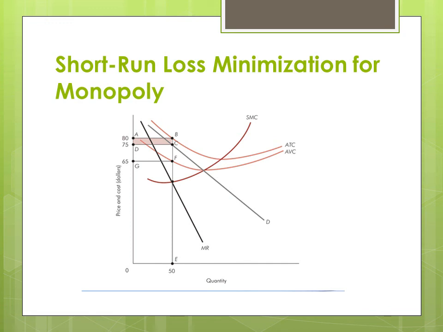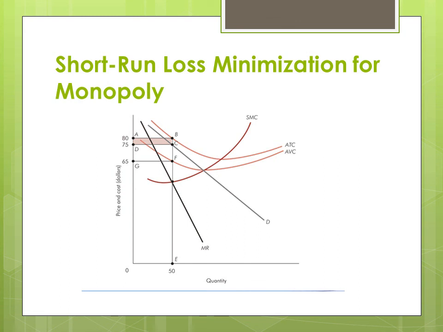You can see that our demand curve is steeper. So here our average total cost is above the price. You can see that here we are taking price 75 and average total cost is above the price, and our average variable cost at point F is below the price.